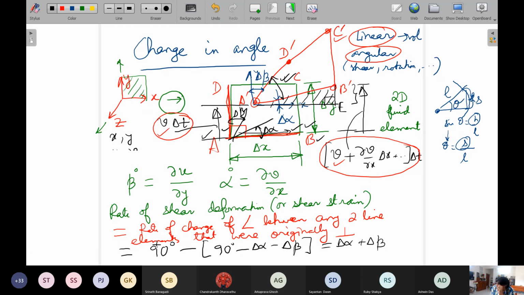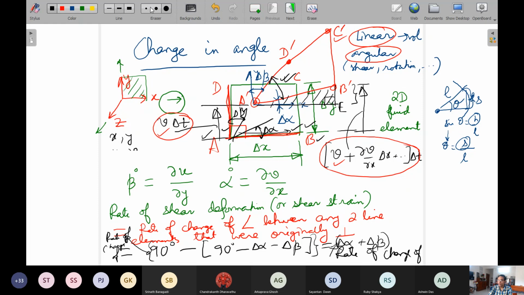So let me just put a qualifier here. Rate of change in. So here also rate of change. So rate of change of delta alpha and delta beta is nothing but alpha dot and beta dot.